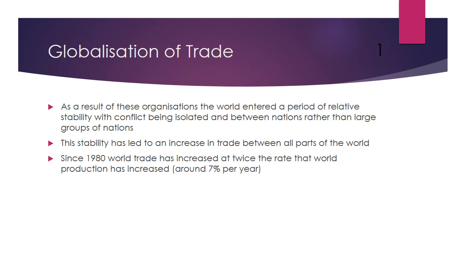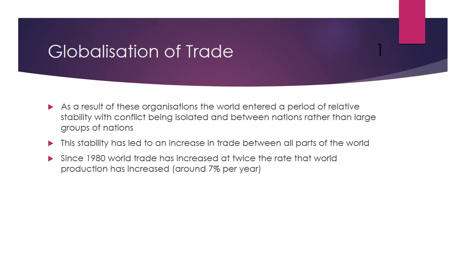Since 1980, there's a really good fact to try and lock down and remember. Since 1980, world trade has increased at twice the rate that world production has increased. Okay, so what that means is that we're making more stuff, but it's not that we're making more stuff that's increased so dramatically.